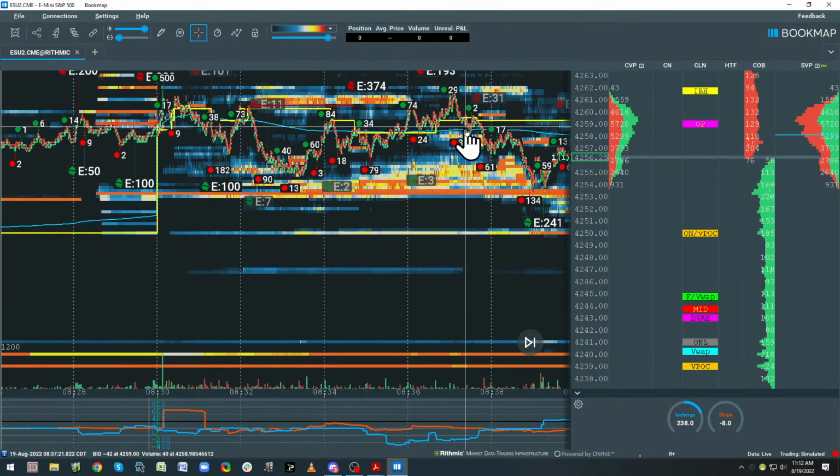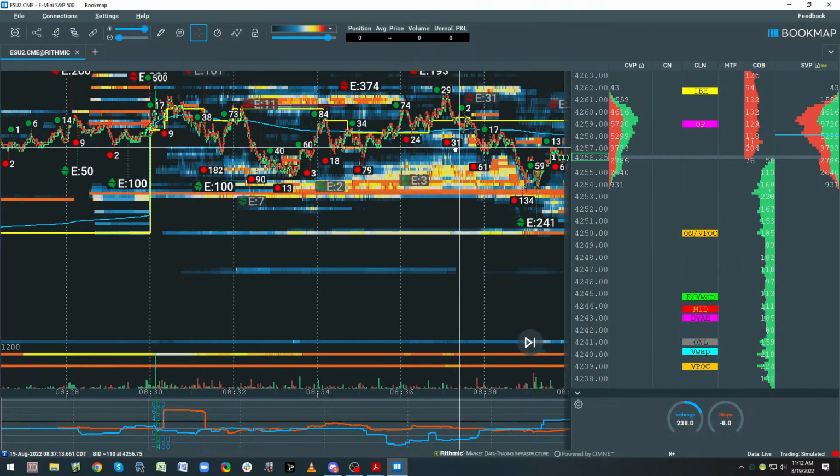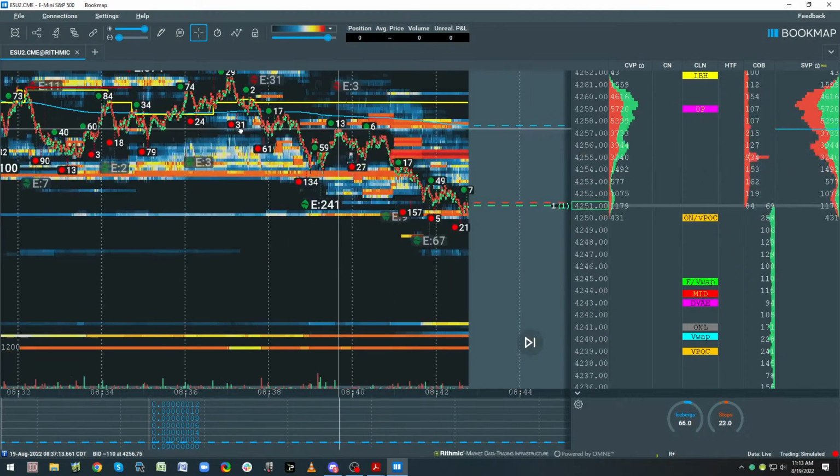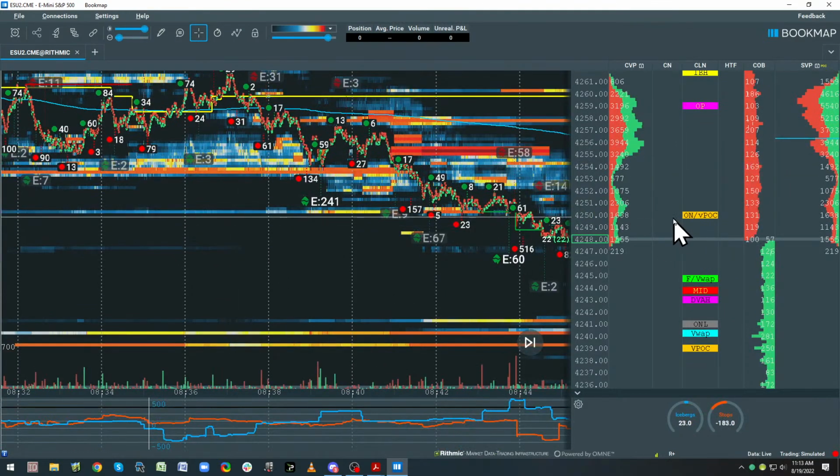Break here, or break, pull back to here. See the symmetry? So here, here, shorts. So there's multiple ways to engage with this thing. Target, all right?